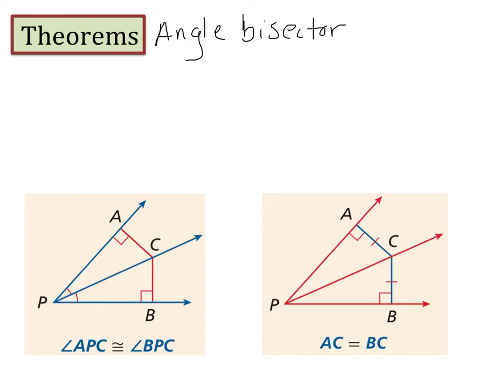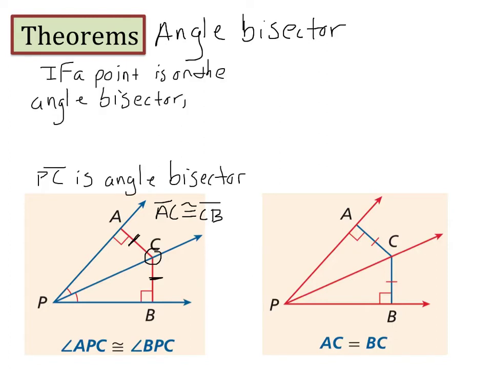So if we have an angle bisector here at point C, we know that it splits these two angles, but what we also know now is that the length of segment AC is congruent to the length of segment CB. So if you have a point that's on an angle bisector, the length from that point to the sides of the angle is congruent.